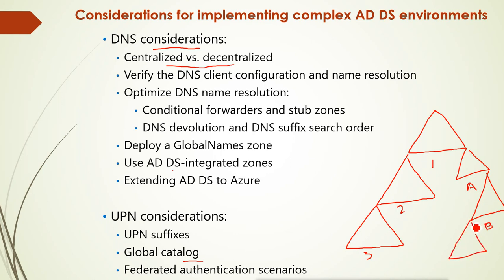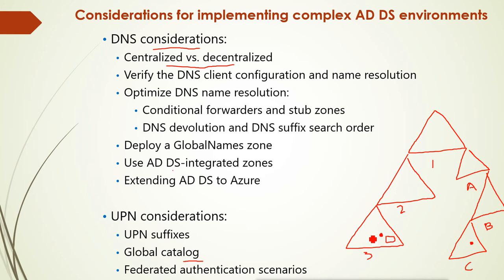They are all in the same forest. That means the user account we create in one domain can log into a machine in another domain, a client of that domain. There is a machine located under this domain.